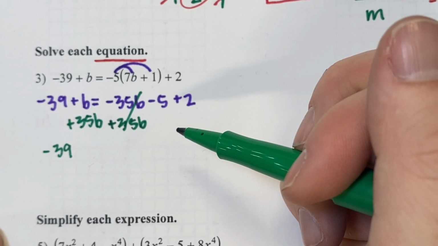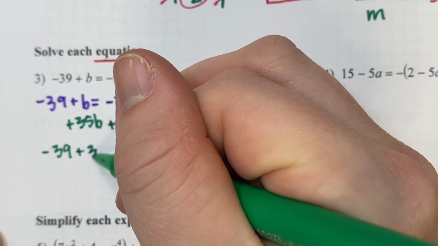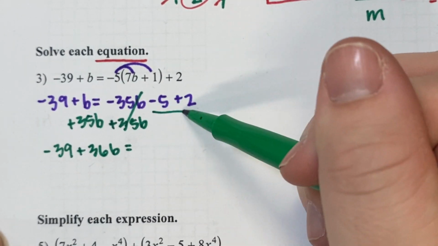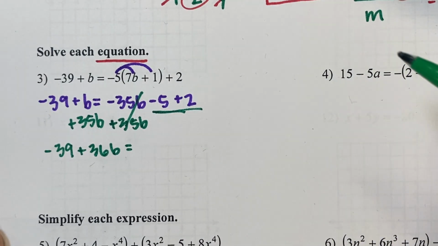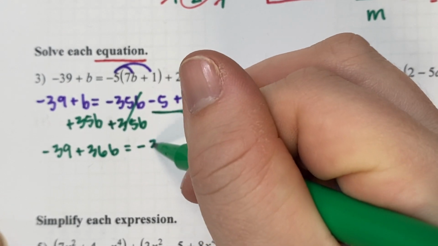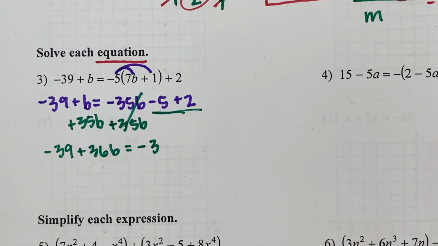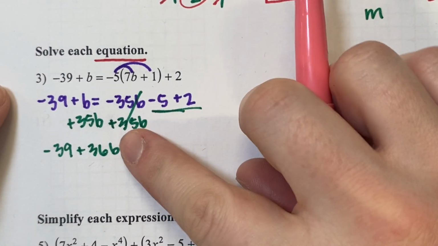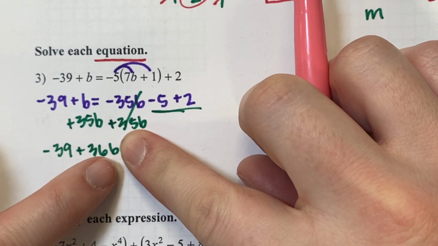Okay, so this is negative 39. 1 plus 35b is 36b. And it equals, well, what is negative 5 plus 2? That is negative 3. Okay, so we can see that our equation is slowly getting smaller. Okay, so I'm looking at my side with my b now, because I'm trying to get this b by itself.